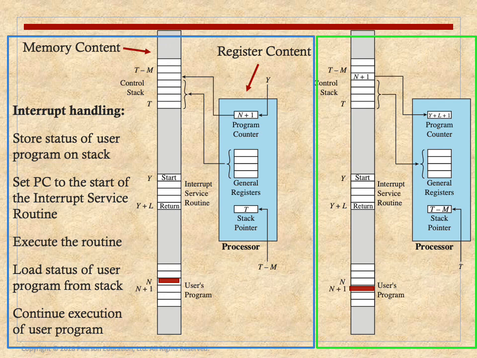Moreover, we also restore the contents of the general registers by taking them from the stack. The stack is now empty again, so correspondingly the stack pointer gets updated again to the address T. Now we have completely restored the original state of the user program, and the processor can now safely continue with the execution of the user program.